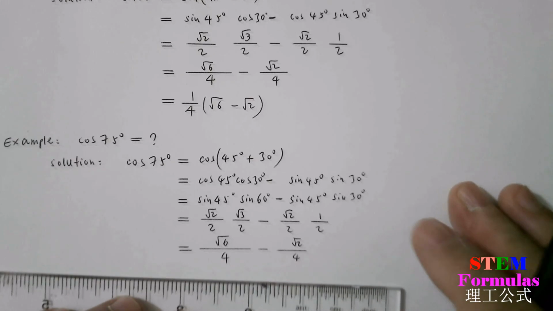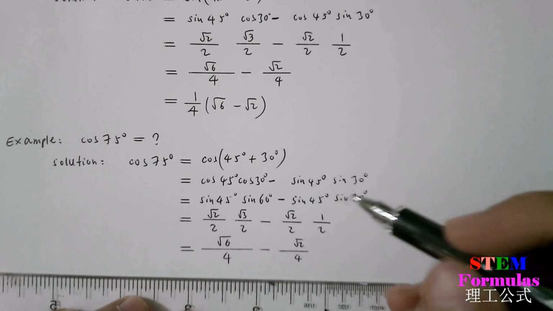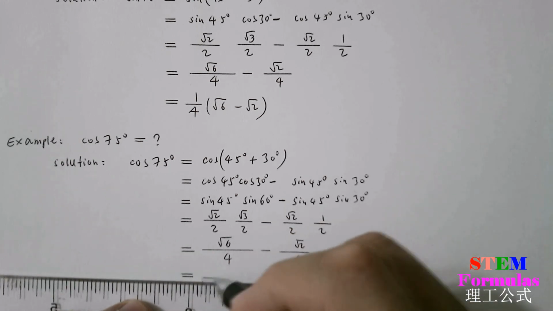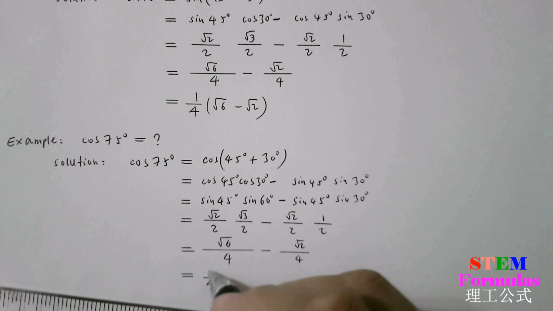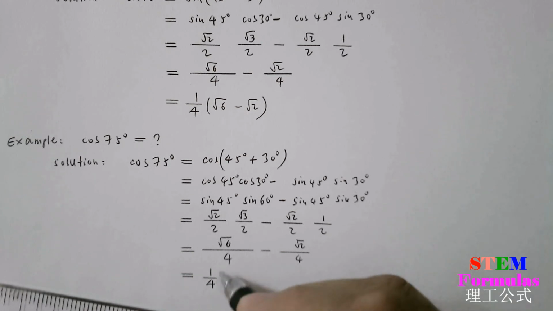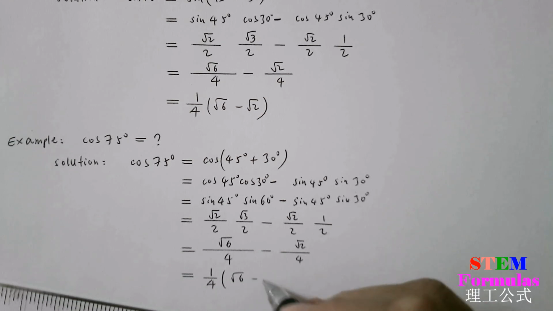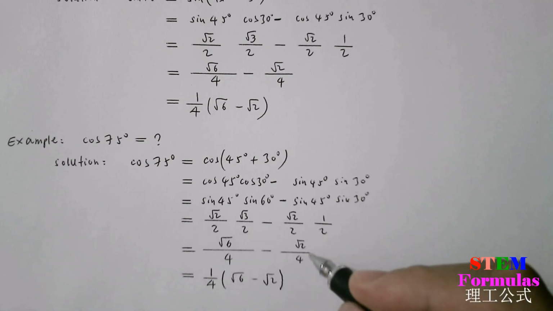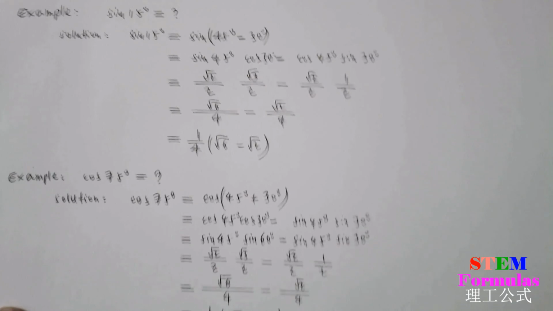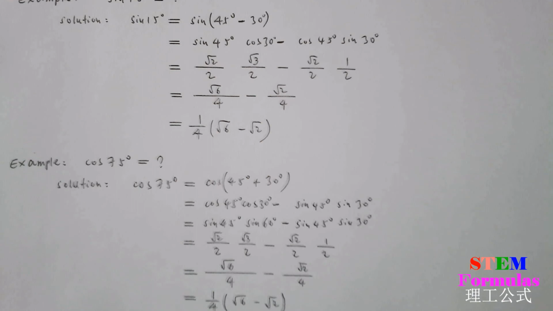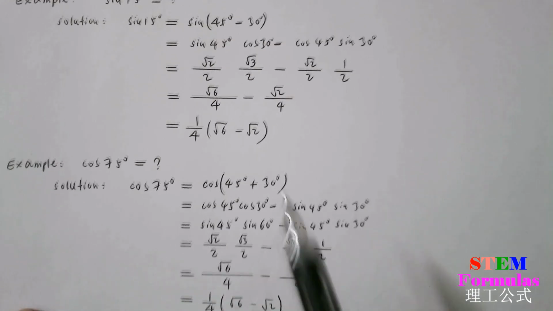So this one equals square root 6 minus square root 2, over 4. And actually, this result is equal to the one here.